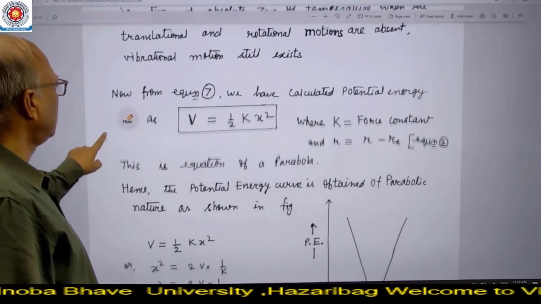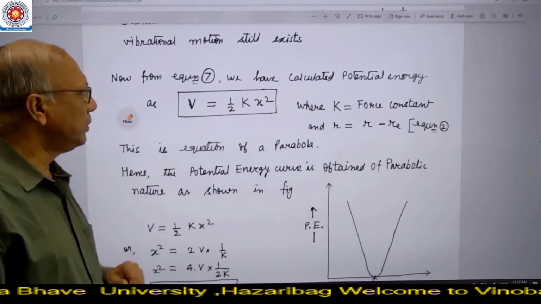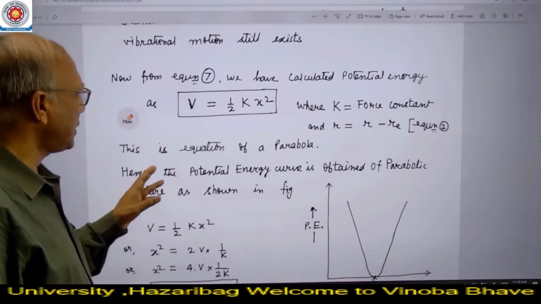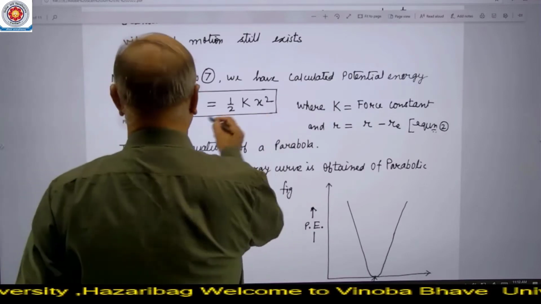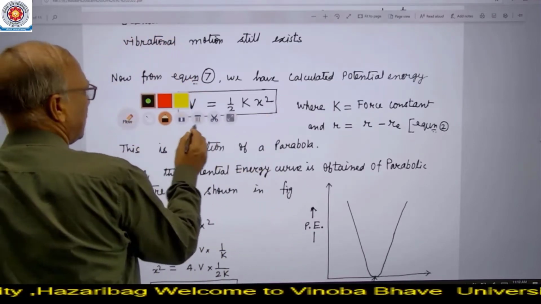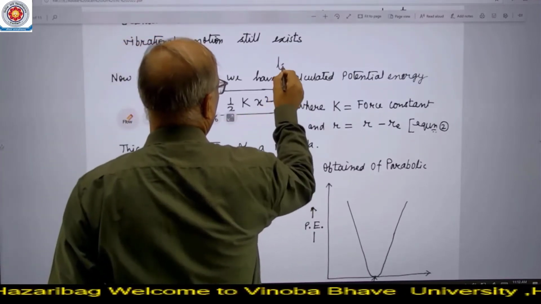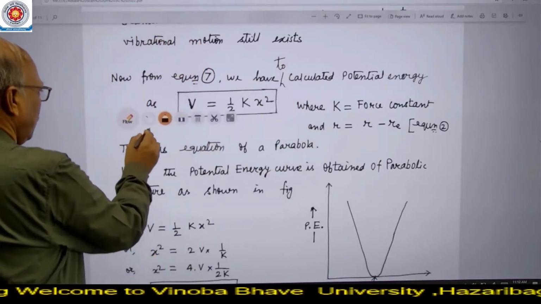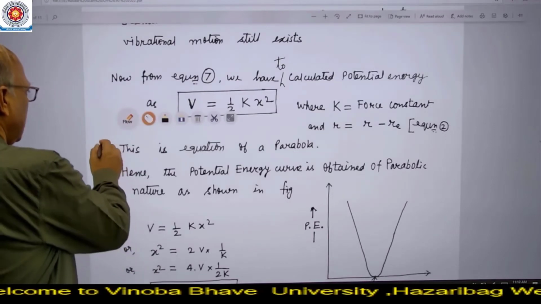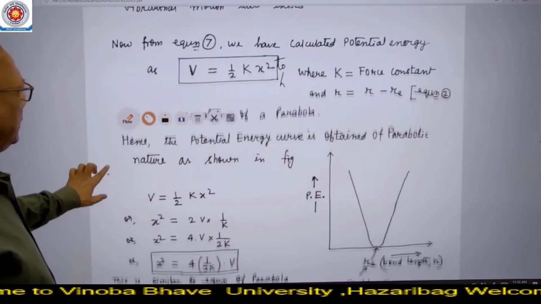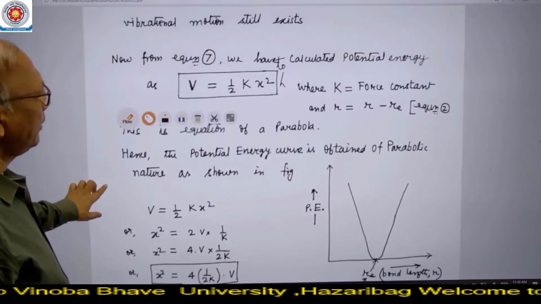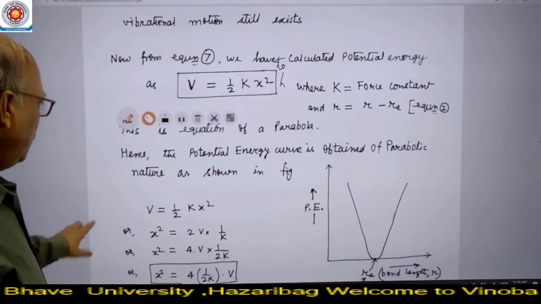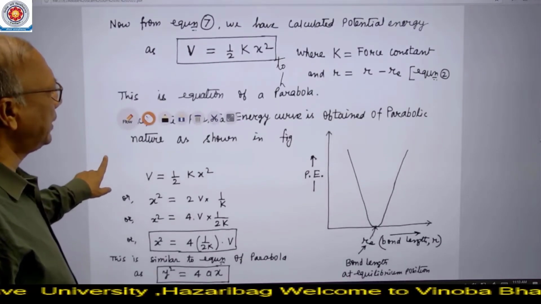Now we want to calculate the potential energy of the system. From equation 7, we have to calculate potential energy, and potential energy is equal to half kx square, which we have already calculated.